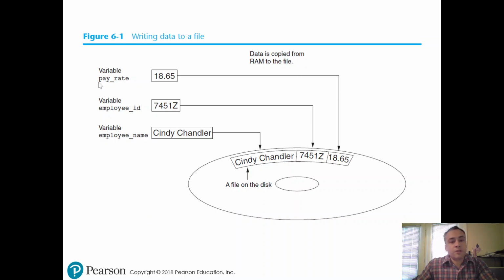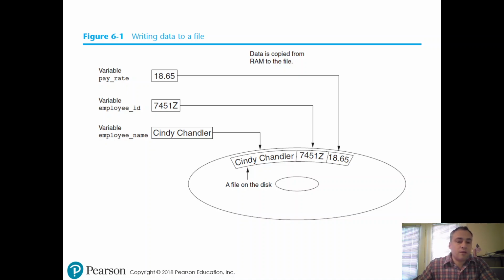When we're executing our program, we have pay rate, which is basically a pointer to some value. In this case, this is the value 18.65. There is employee ID, which is some other value, and employee name, yet another variable.